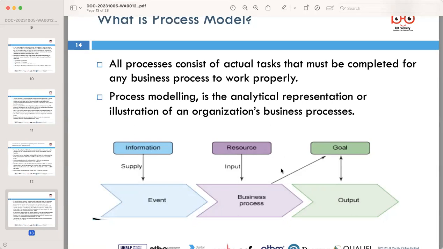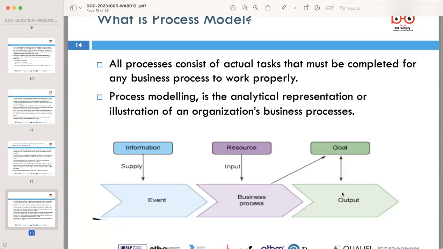So process modeling involves mapping out the sequence of activities, information flow, events, resource input, business process, and then obviously at the end the goals and output.